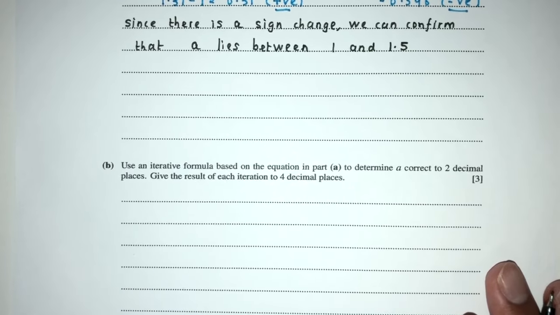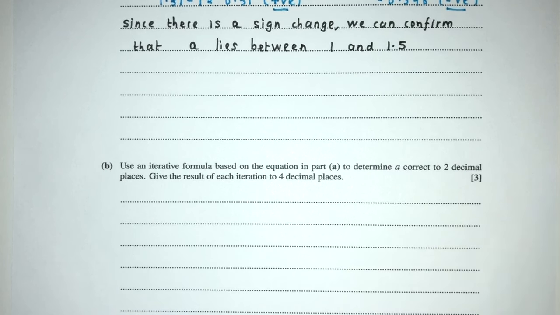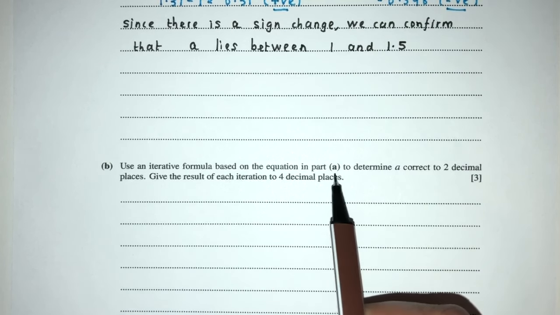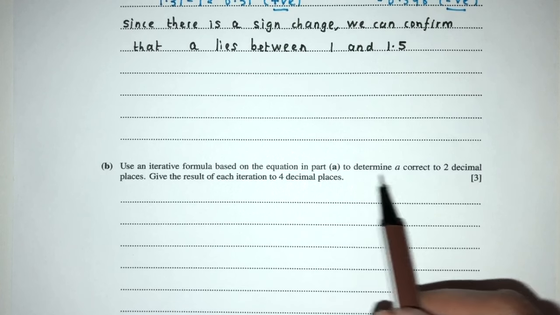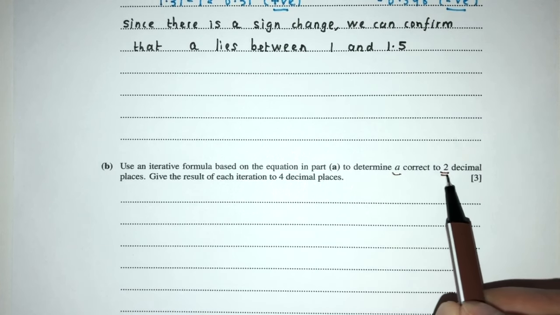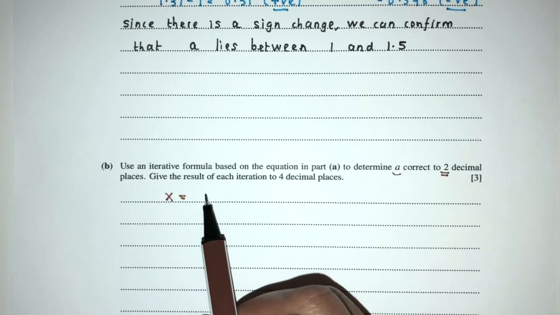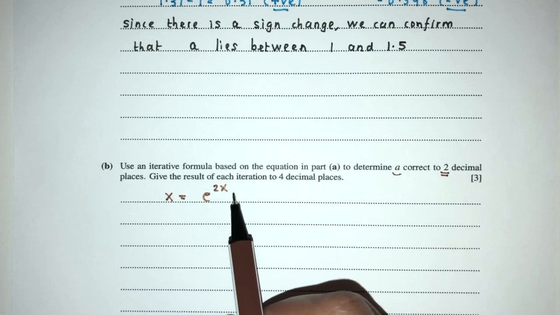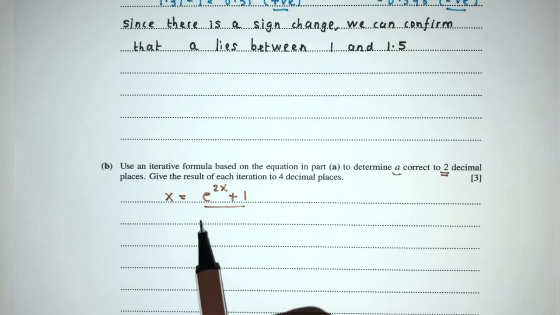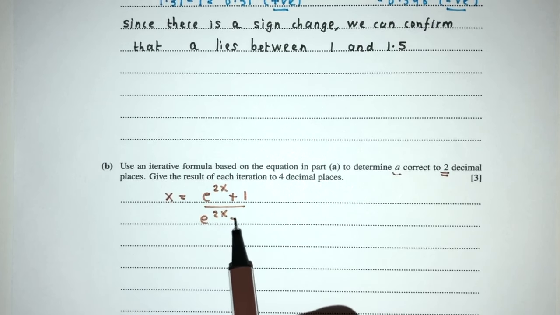Now for part B, we have to use an iterative formula based on the equation in part A to determine a correct to 2 decimal places. As you can see, in part A, x was given by exponential 2x plus 1 over exponential 2x minus 1.